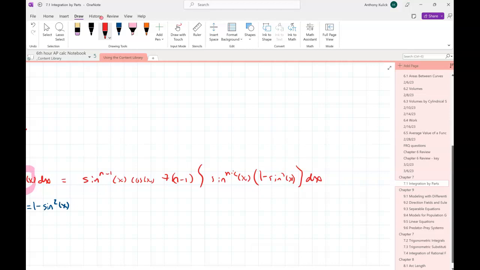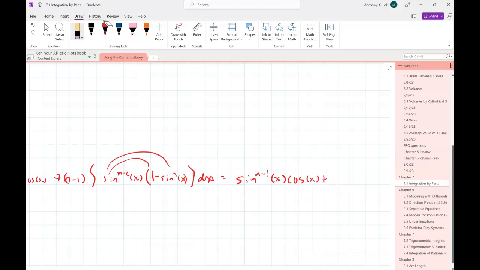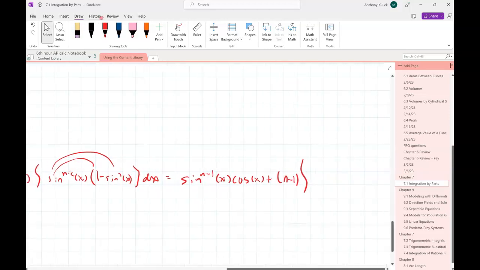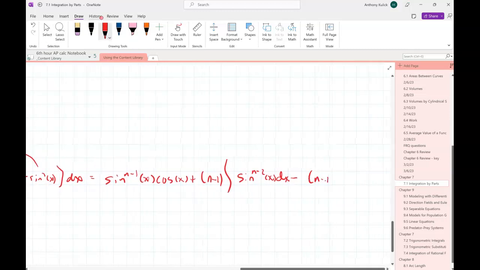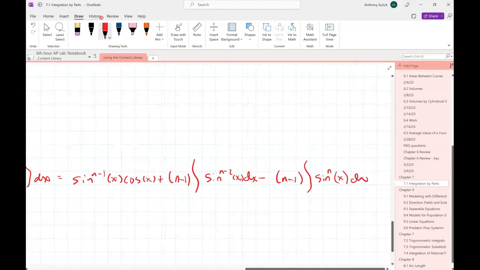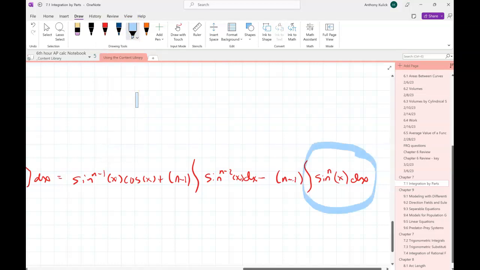Let's distribute that through here. And I'm going to have... and now look, what do you notice here?